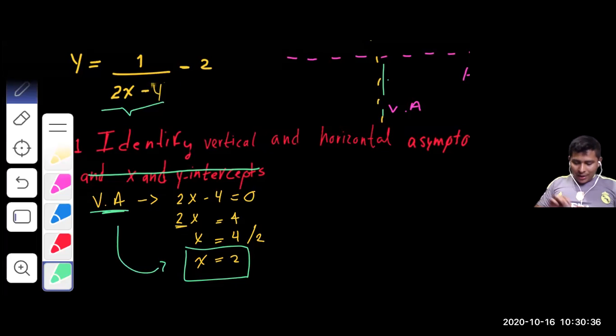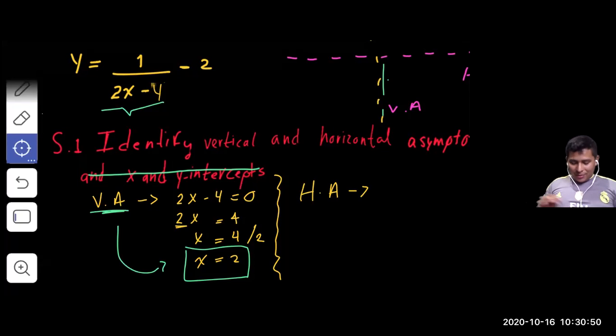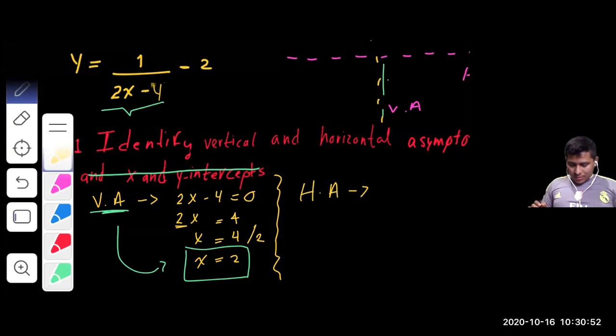We got it. But we also need to find the horizontal asymptote. Can someone help me? I just need a volunteer. How can I identify my horizontal asymptote, or what is the value? This is the easiest one. Why? Because it's the horizontal, right? y equals what, guys?